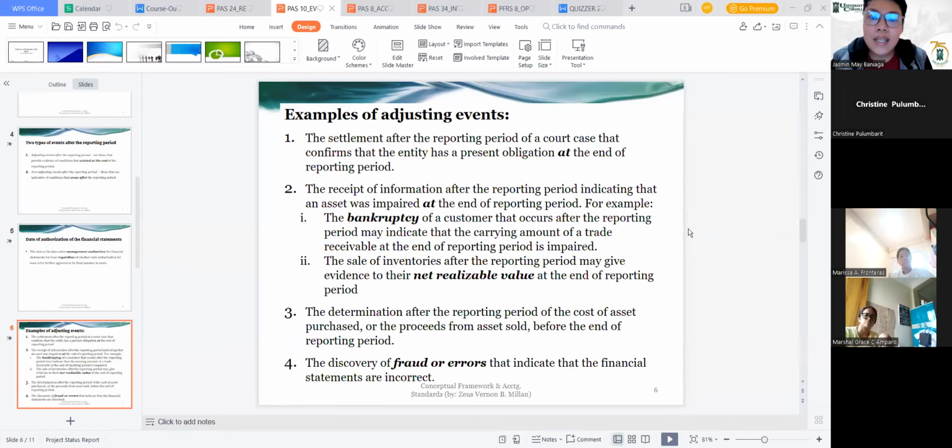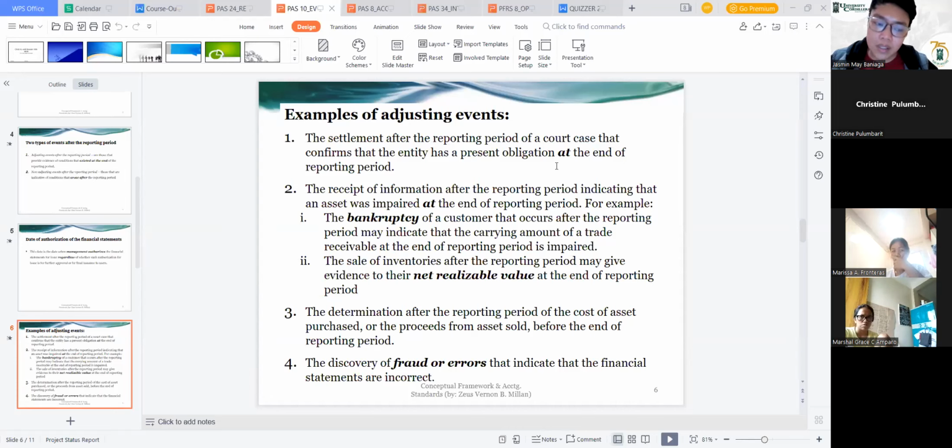As we said earlier, the origin of the transaction really happened within the current reporting period, like in our sample for year 2022, but you only detected it after December 31 and before the date of authorization of the financial statements. So, example number one: the settlement after the reporting period of a court case that confirms that the entity has a present obligation at the end of the reporting period. What does this example of case 1 mean?